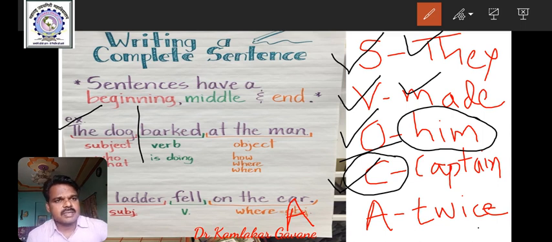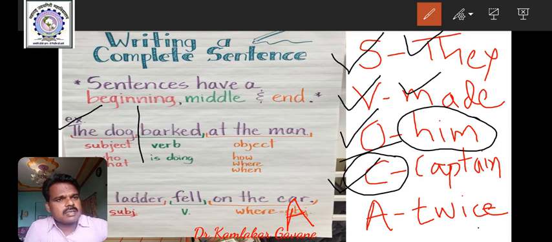As a part of a sentence, there are two types of complements: object complement and subject complement. When the word adds something to the object, it is called object complement. And when it adds to the meaning of the subject, it is called subject complement.